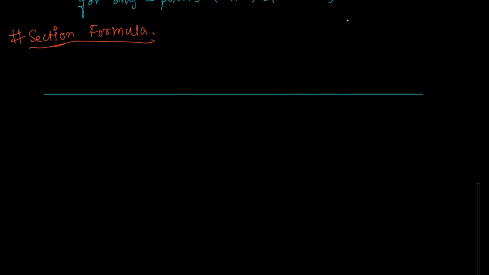Okay, and there are 2 points here. A has coordinates x1 comma y1. There's point B, it has coordinates x2 comma y2, and there is also a point C in between, not exactly in the middle, somewhere around x3 comma y3. And the line is divided, sectioned, in the ratio m by n.